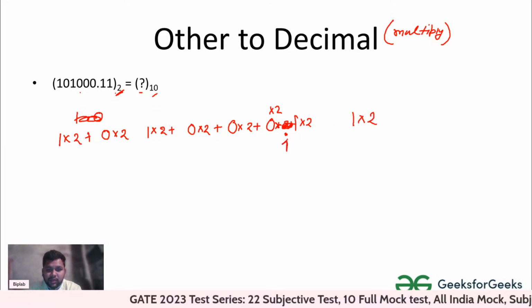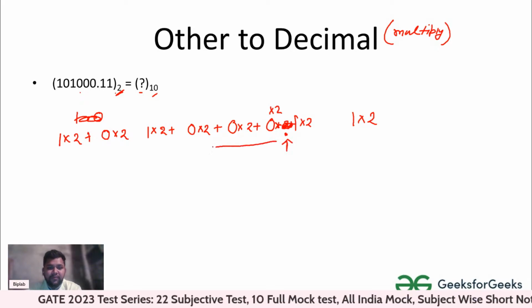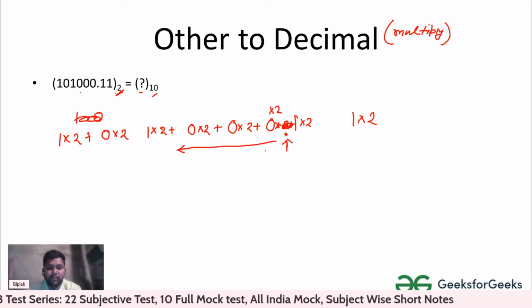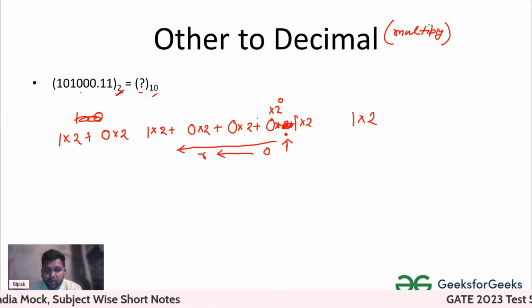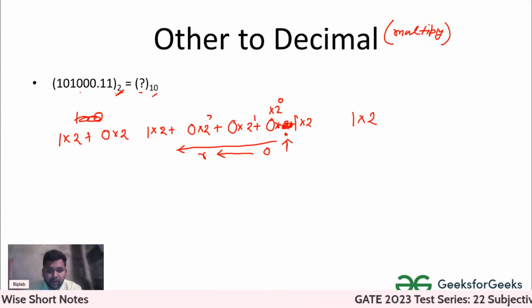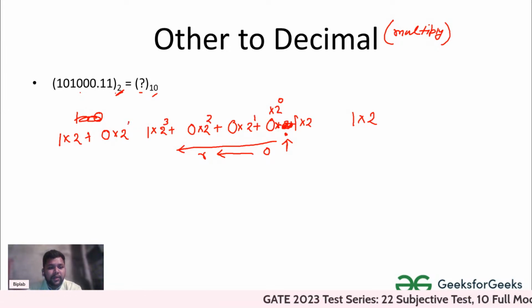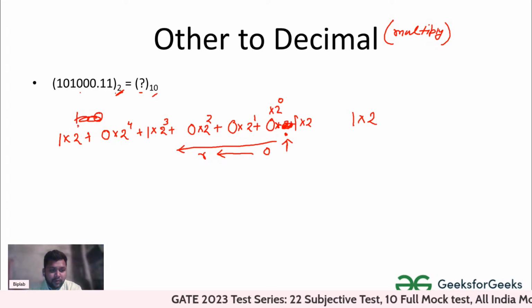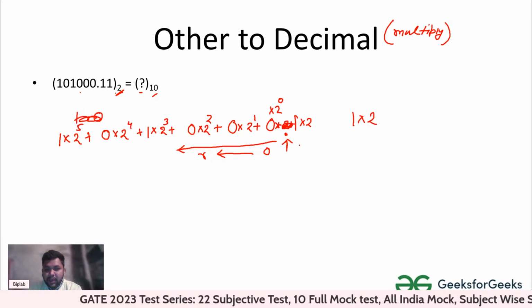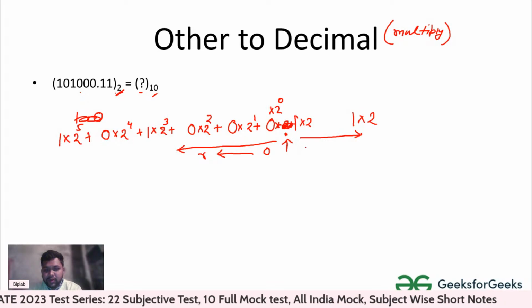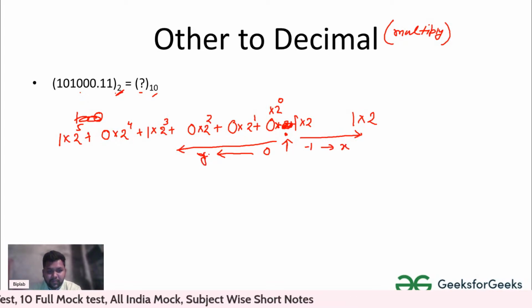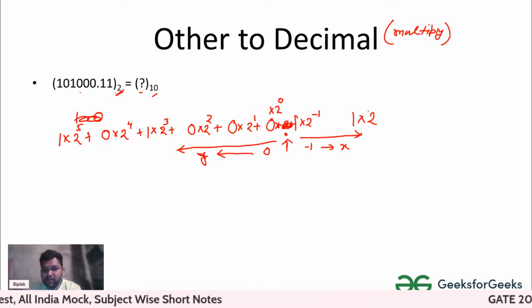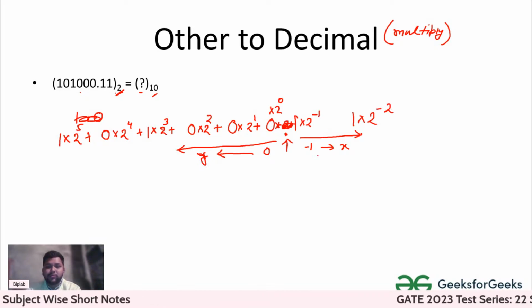When you see the floating point, before that all the digits will be marked from 0 up to the base you go, like 0, 1, 2, 3, 4, 5. After this point you will start from -1 and go to some x, let's say -1 and -2.